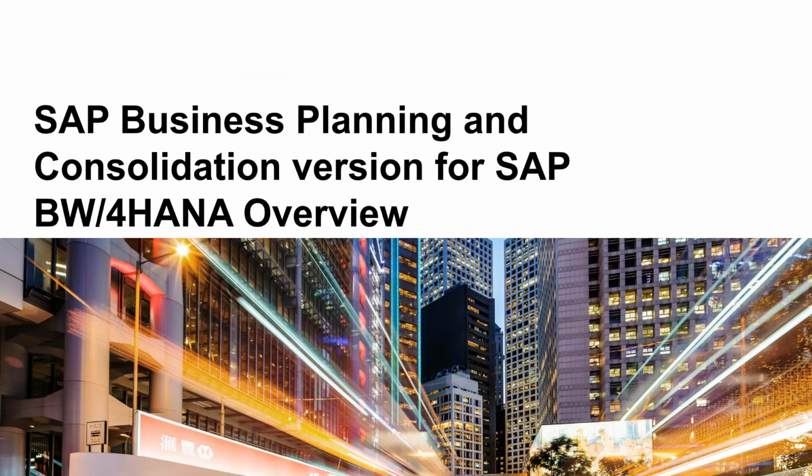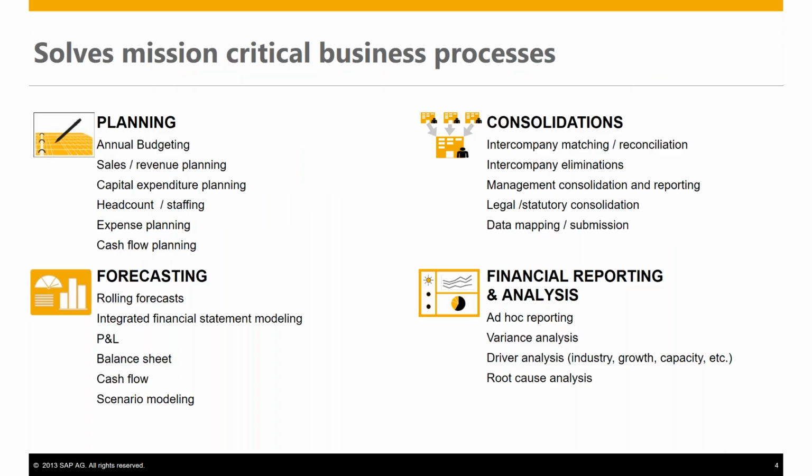We're going to start with giving you an overview of SAP's new BPC 11 version for BW for HANA. The area of focus of BPC and BPC 11 is similar to as it has been historically. So for those of you new to BPC, the P stands for planning, and the C stands for consolidations.